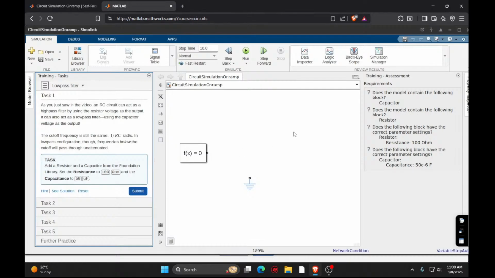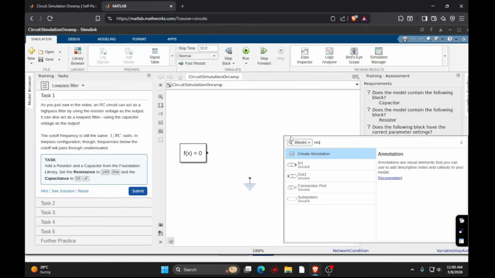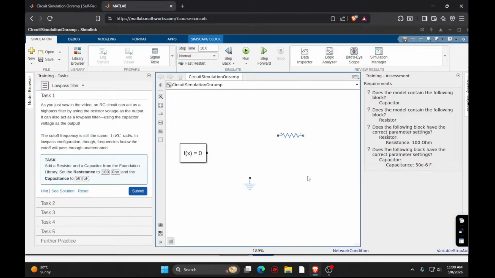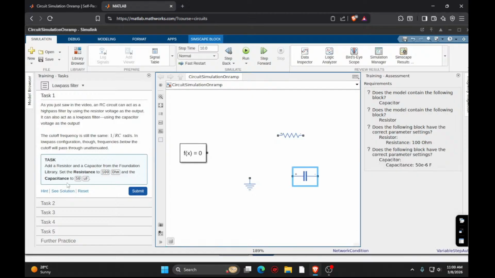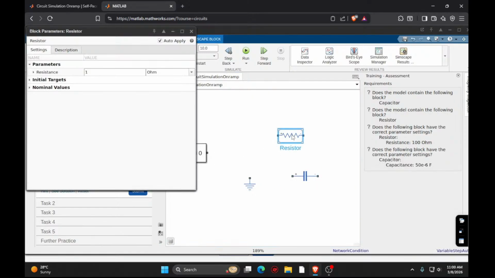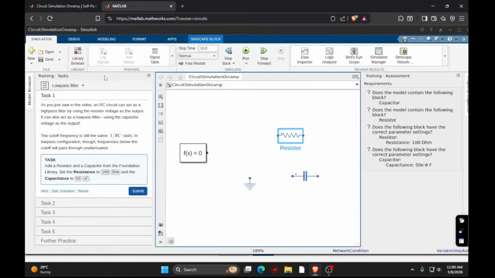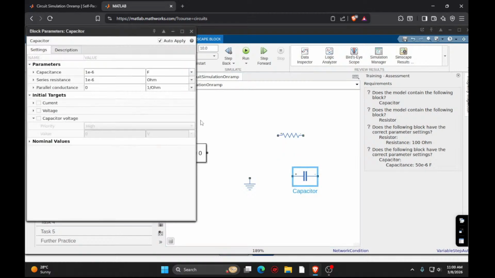Add a resistor and capacitor from the foundation library. Set the resistance to 100 ohms and the capacitor to 50 microfarad.